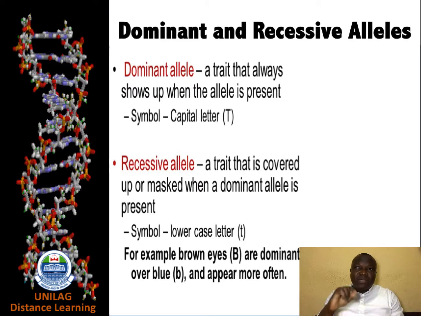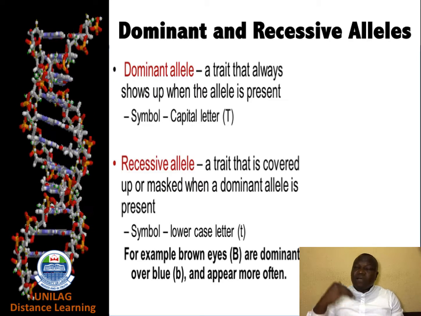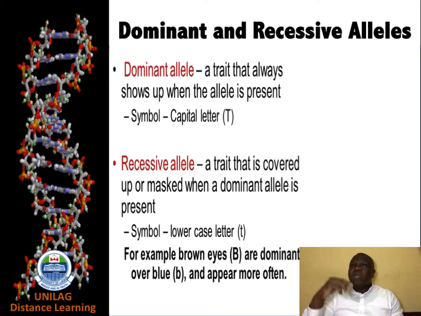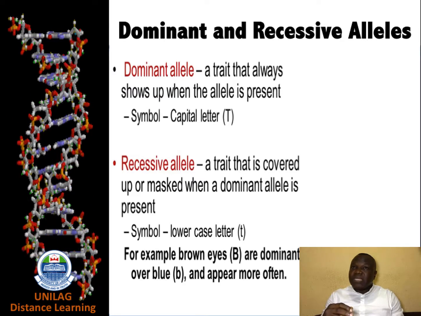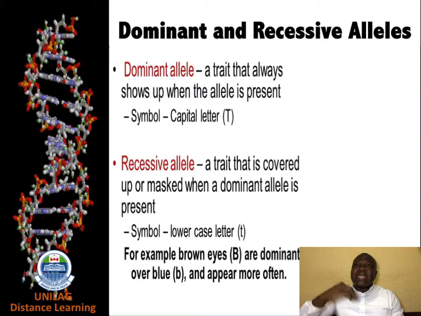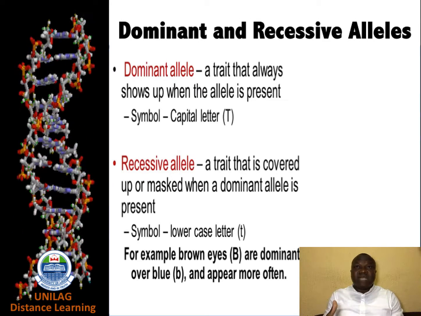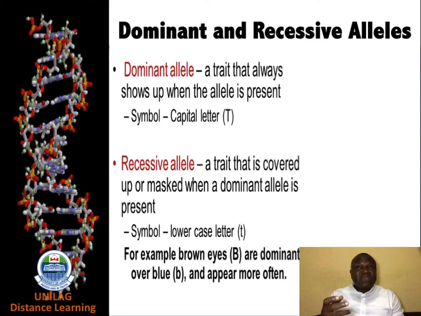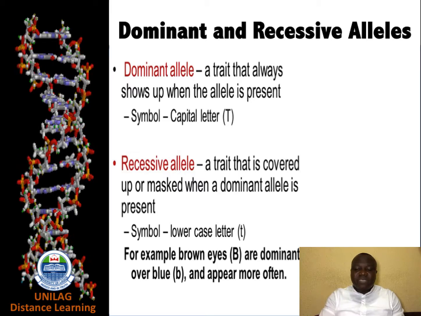A trait controlled by a recessive allele will only show up if the organism inherits 2 recessive alleles for the trait. Now, a dominant allele is expressed even when it is paired with a recessive allele, while a recessive allele is only visible when paired with another recessive allele.